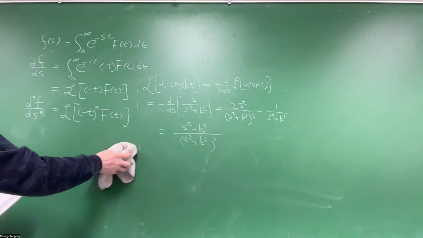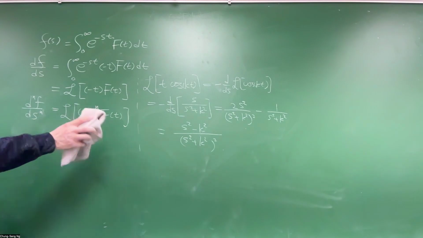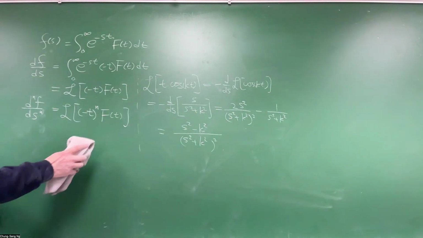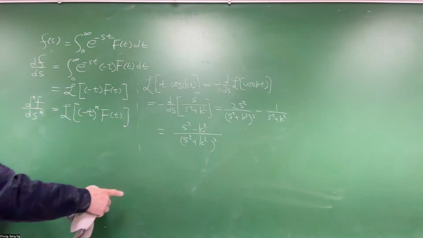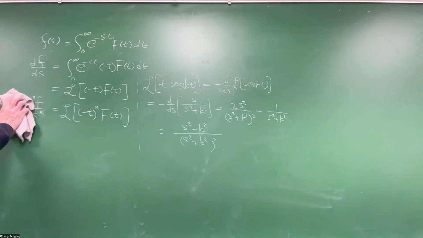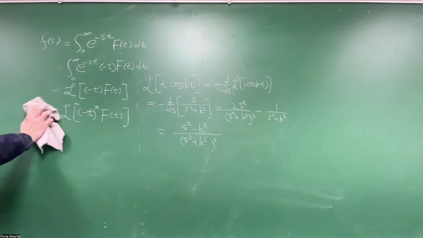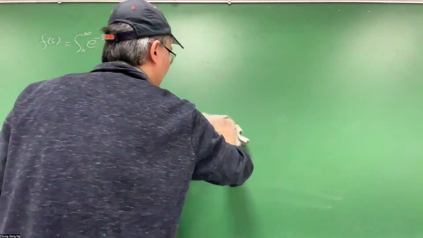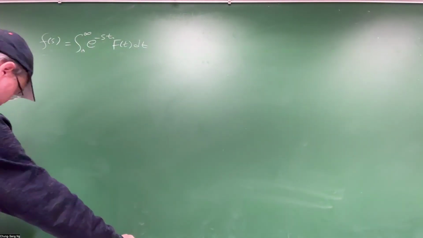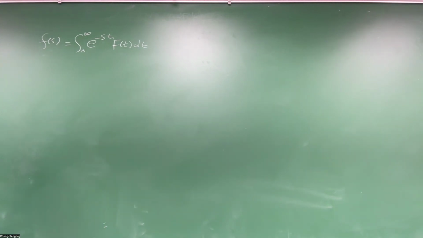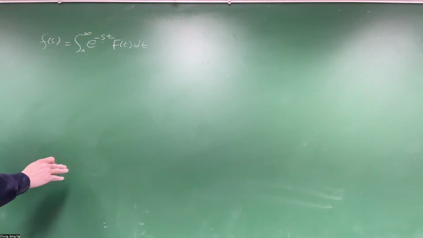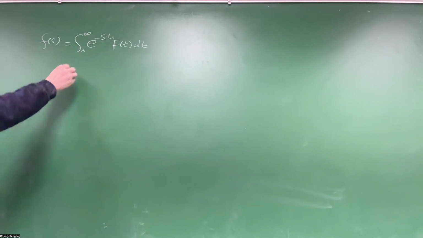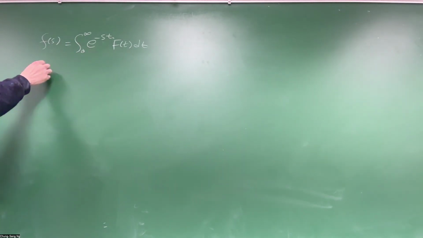Anyway, this is enough. This is a straightforward application of a useful formula for you to calculate the transform of a new function by taking a derivative of the transform. And another way to do it is integration. The next property is integrating the transform, except with integration you need to define it a little bit carefully because it's a function of s.